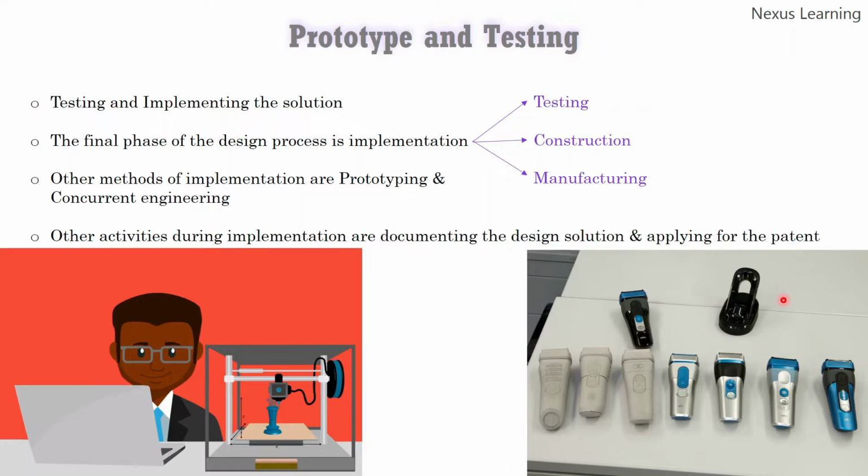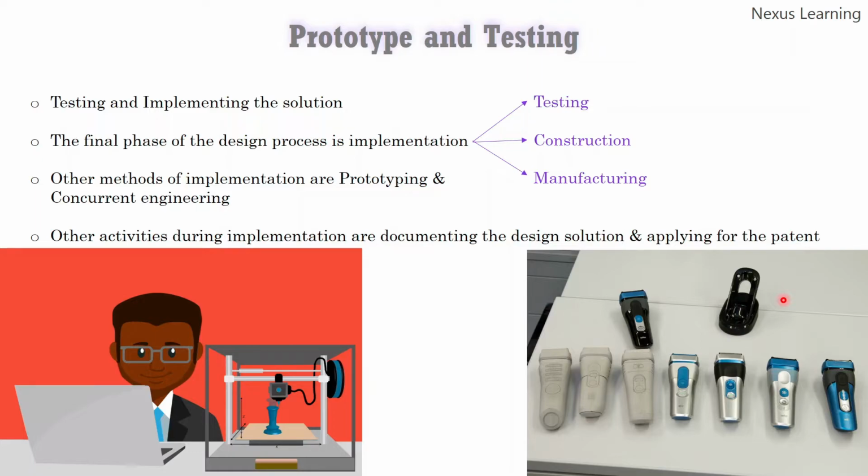Now we build a physical model out of it, either by using 3D printing or actual traditional manufacturing processes. We manufacture that product, or we build that product, and we test it so that we get the results. Either we build the whole product, or we build a part of the product and put it into the existing product, so that we get to know the performance of the product.